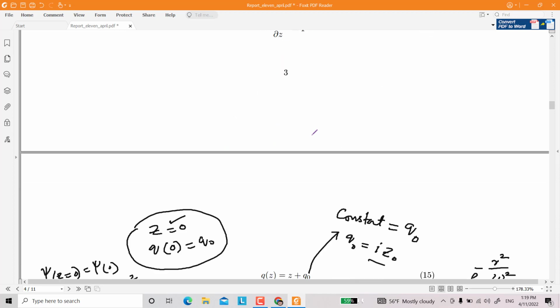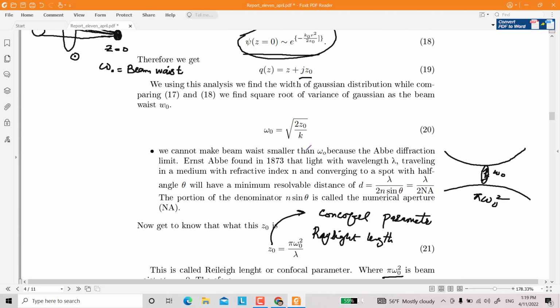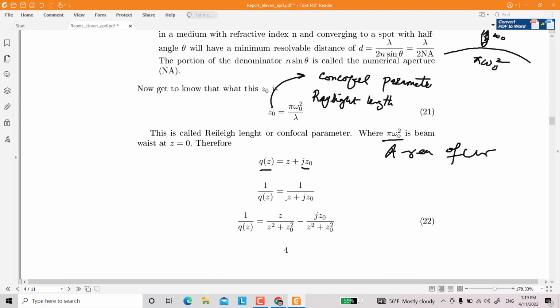That is why we take the reciprocal of Q of Z. Since the imaginary term appears in the denominator, we rationalize this and find the multiplicative inverse of Q of Z as follows: 1 over Q of Z is equal to Z divided by Z square plus Z naught square, minus j Z naught divided by Z square plus Z naught square.